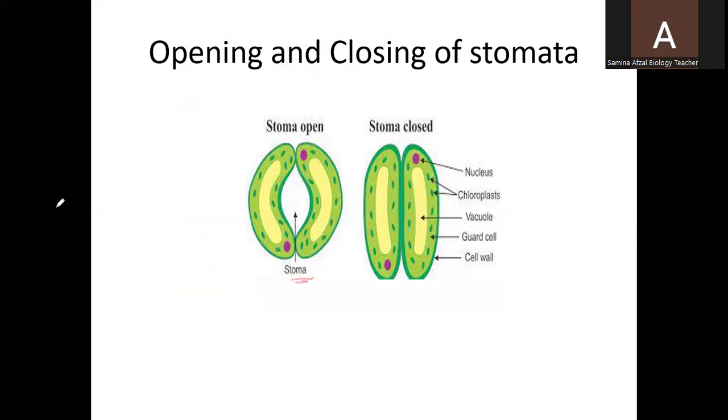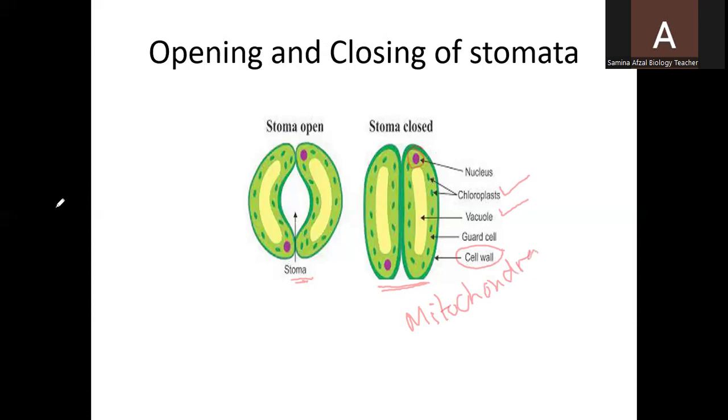When guard cells are closed, it means stomata are closed. And we discuss it: a proper nucleus is there, chloroplasts are there, a single large vacuole as in other cells, and then a cell wall is present, a cell membrane is there, and the most important one, mitochondria.